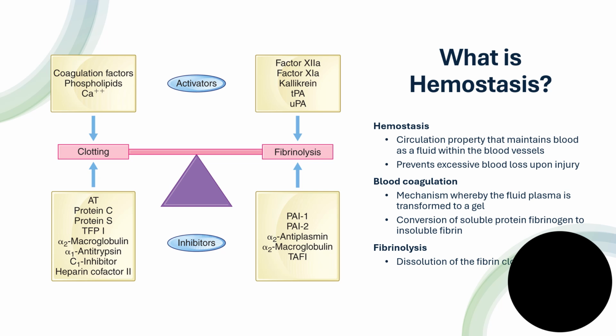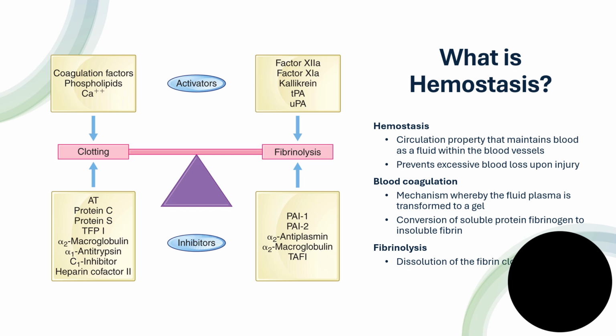So really, we want to have the hemostatic mechanism activated where it is needed and only in that area of injury. We have a series of stages and surveillance systems that help keep things in control.